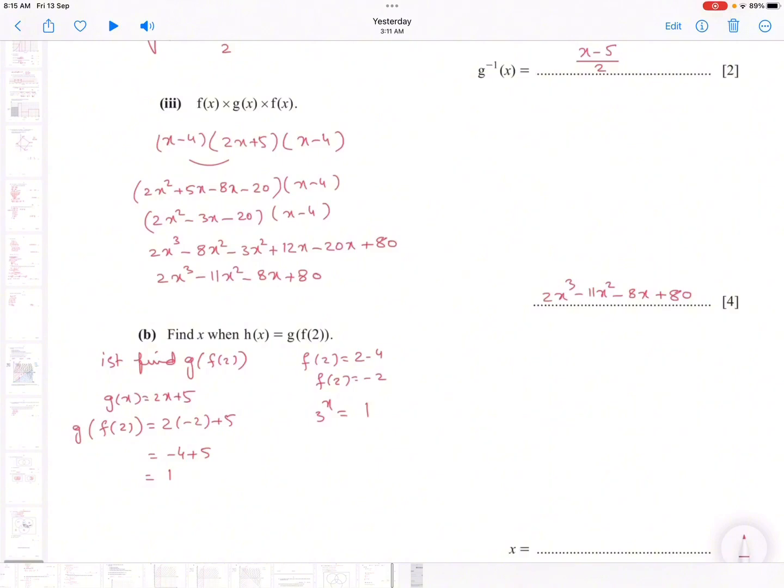So your question is h of x is equal to g of f of 2. So your h of x is 3 power x and your g of f of 2 is 1. So we can write 3 power x is equal to 1. Now in place of 1 you can write 3 power 0 because 3 power 0 is 1. Any number whose power is 0, the answer is 1. So you made the bases the same, so the powers become equal. So you can write x is equal to 0.